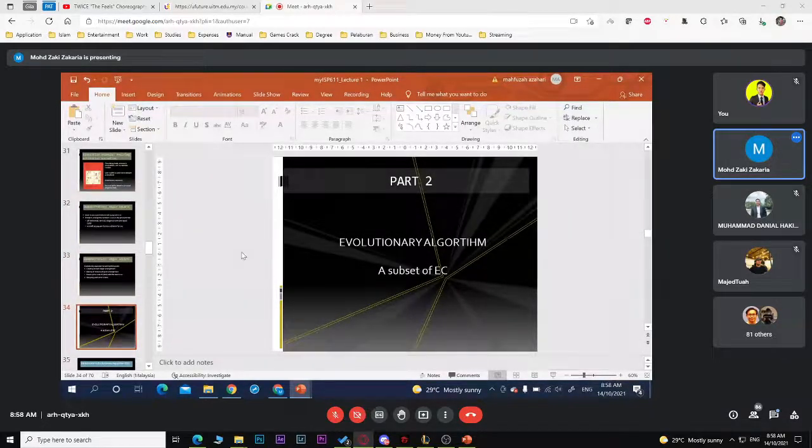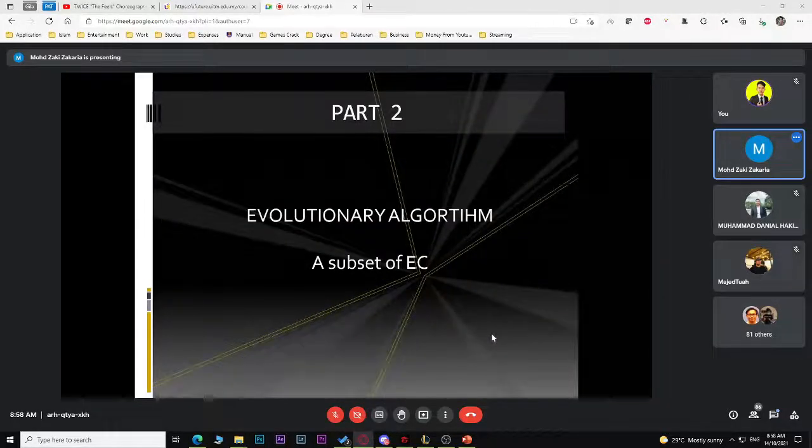Okay, consider this thing, for example. Traveling salesman problem. For example, this salesman needs to visit the cities.